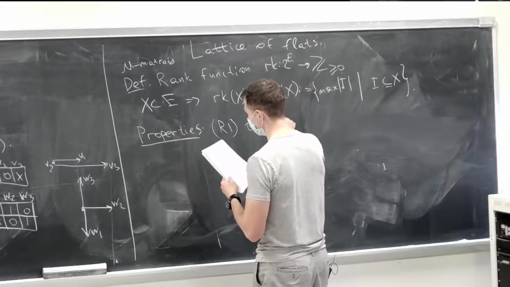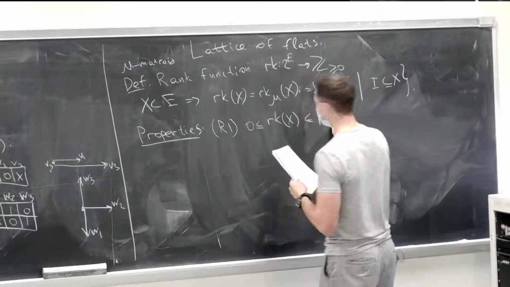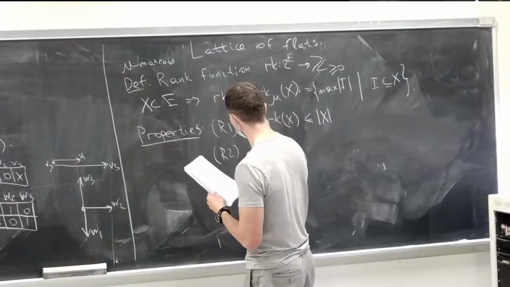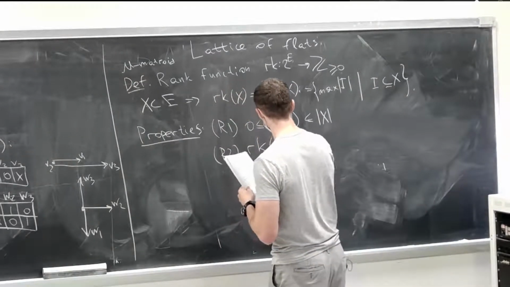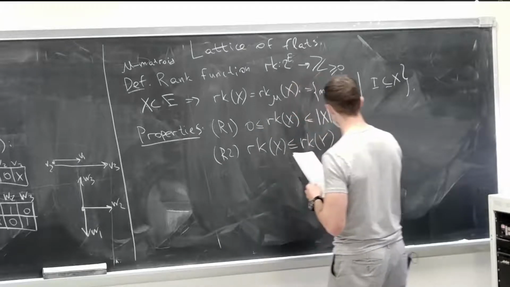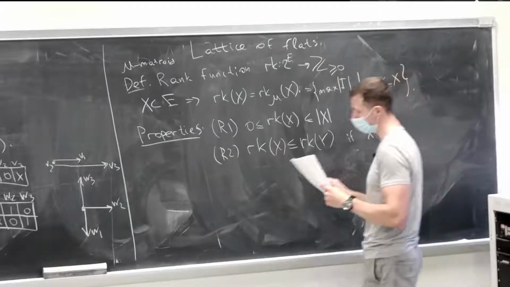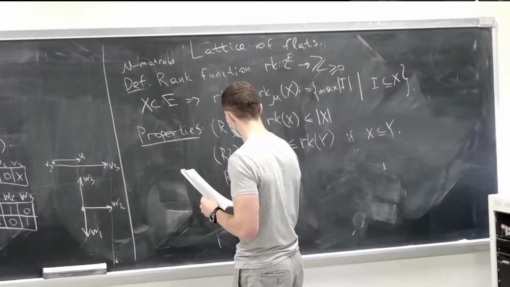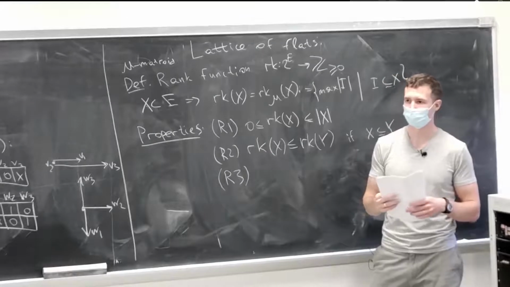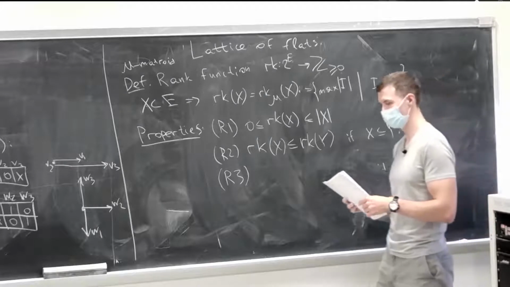The first one is that the rank is between 0 and the size of X. The second axiom is that if you have two sets, X and Y, and X is contained in Y, then the rank of X is less than or equal to the rank of Y. And finally, there is what would be an interesting axiom of the rank function.